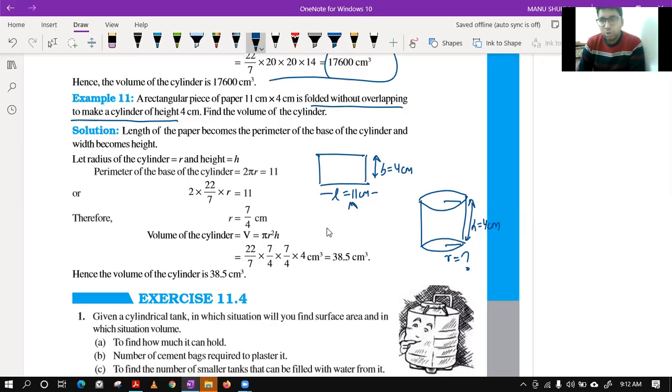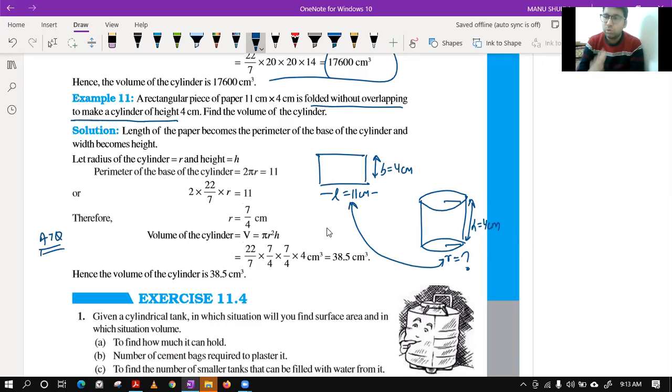This time you have to find the value of r, because to find the volume of the cylinder you need the radius, and in the last question I told you how to find the radius. r will be found with the same formula.